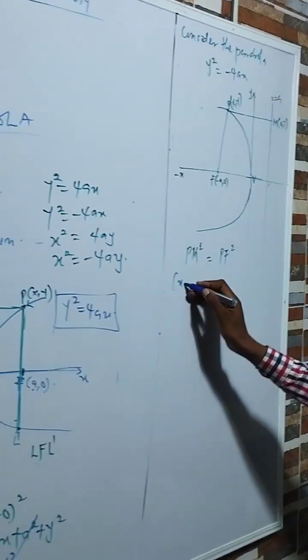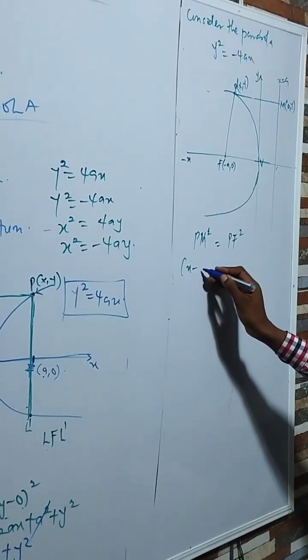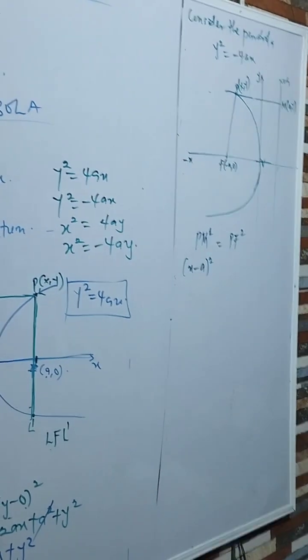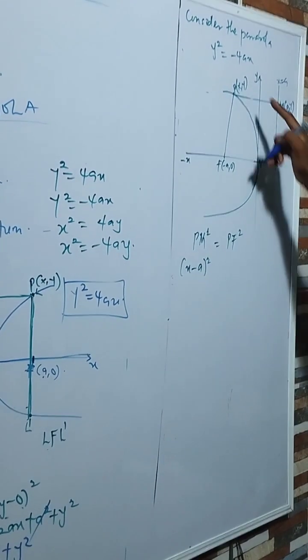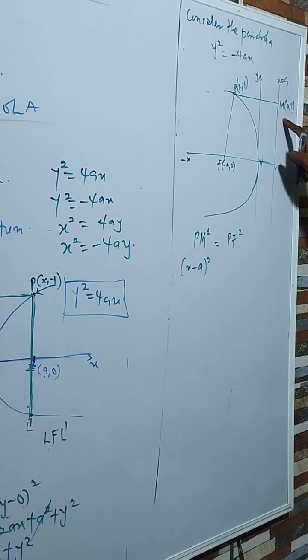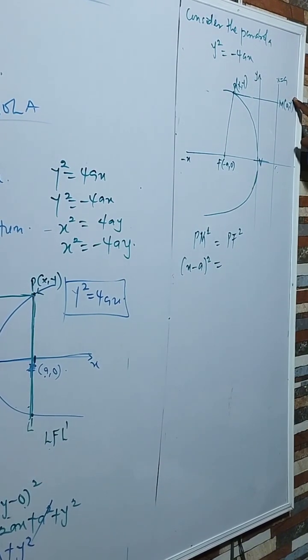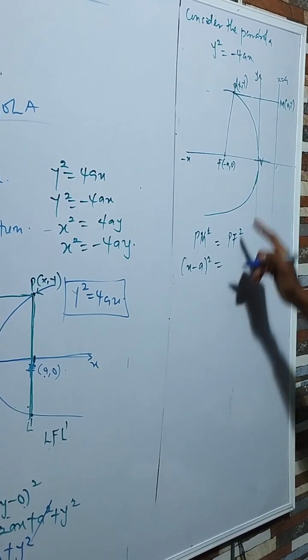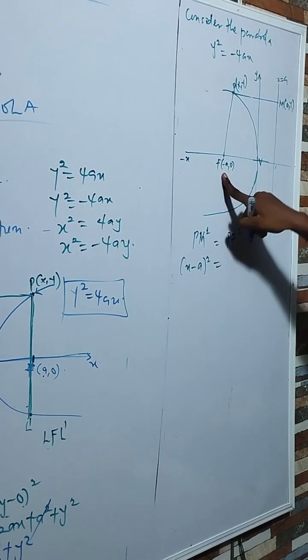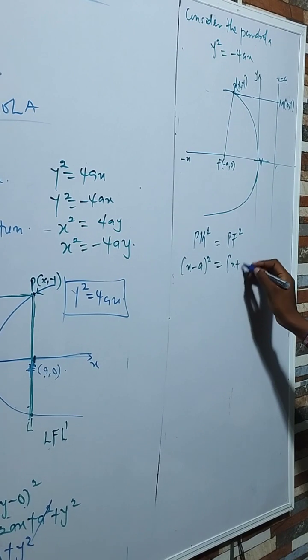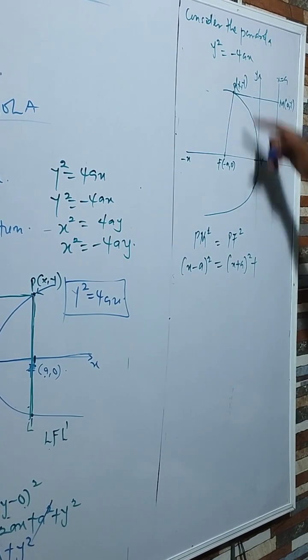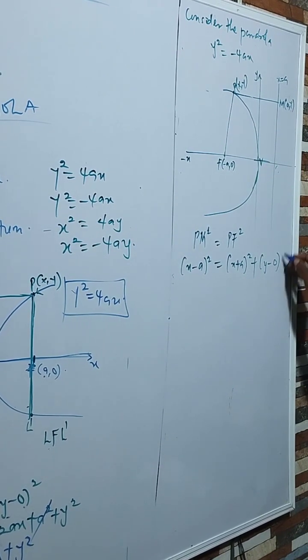So we have (x minus a) all squared equals (y minus y), which is 0, so we don't need to put it there. Then PF is (x plus a) all squared plus (y minus 0) all squared.